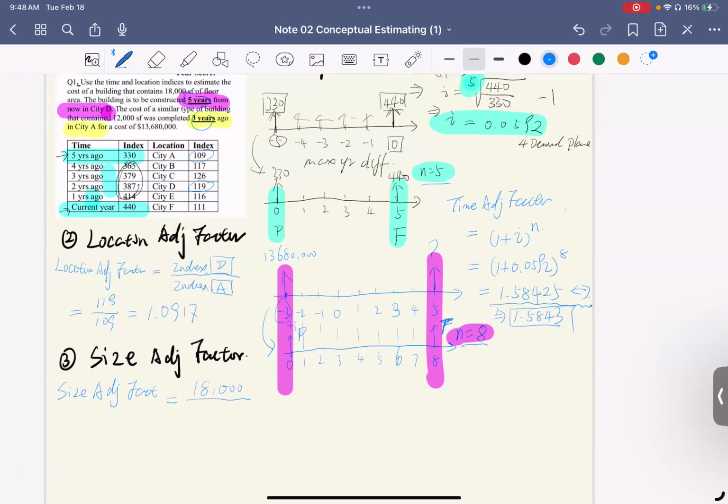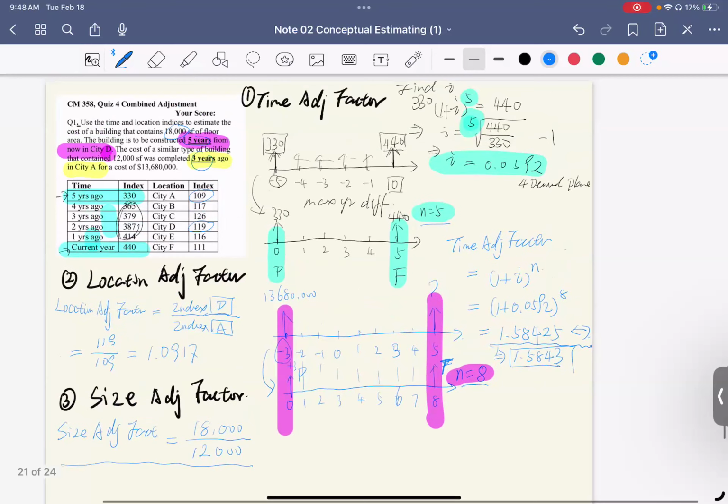And our similar project here is 12,000. So that will be the size adjustment factor, because our proposed one has more space than the similar project we constructed before.